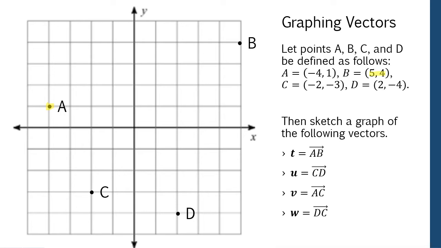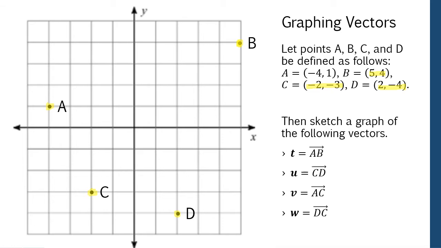So to the right 5 and up 4. Point C is (-2, -3). So that is down here. And then point D is (2, -4). So over 2, down 4. So those points are given to you in terms of their x and y coordinates, and they're already plotted for you on the graph.